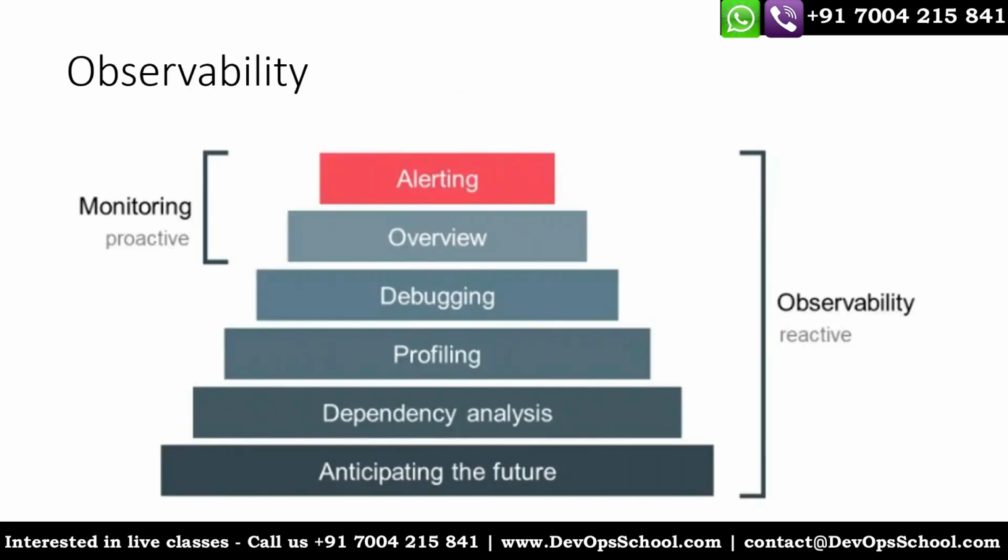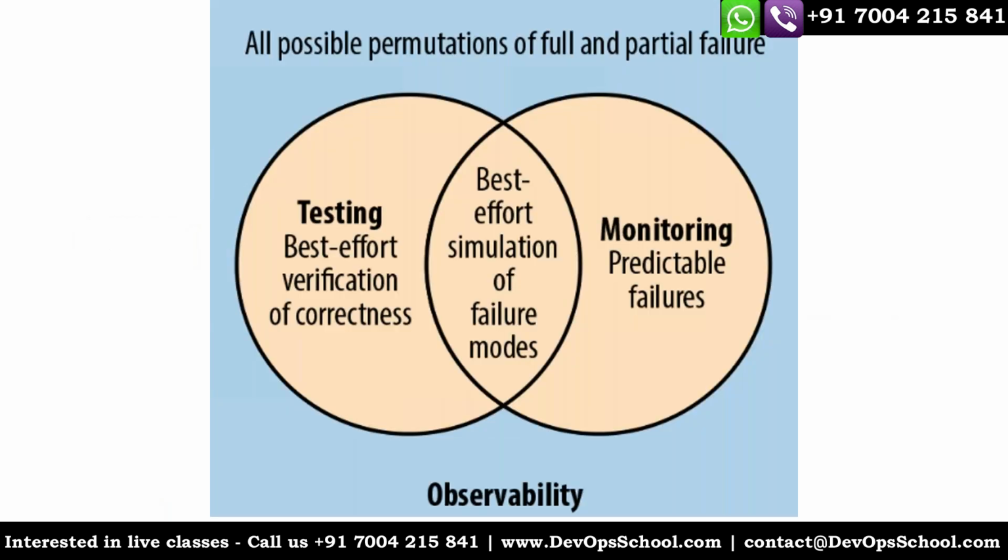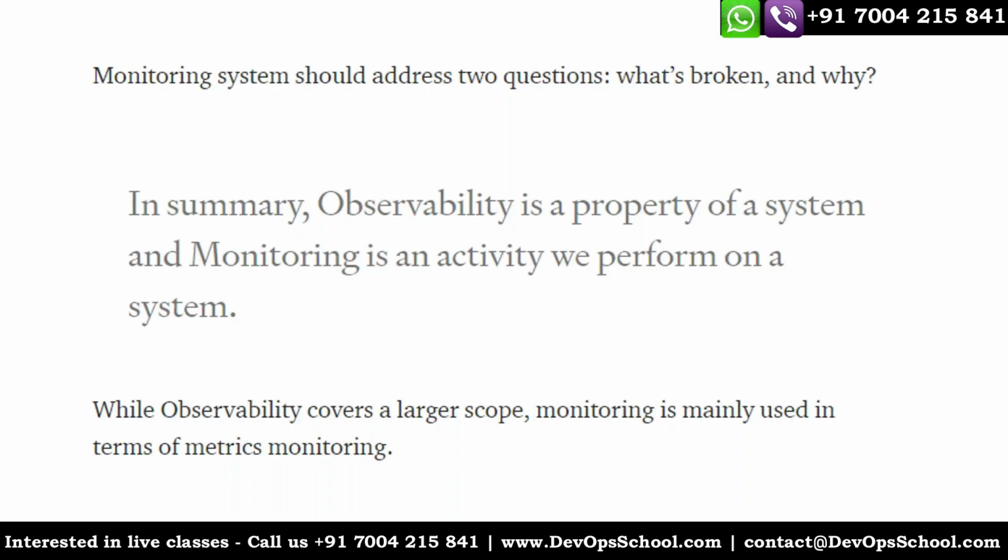If you look at this pyramid here, you have alerting and overview, which is called monitoring, and debugging, profiling, dependency analysis, and anticipating the future, which is called observability. So if you want to set up observability, you have to not only set up the monitoring, but also all the testing best practices which you follow to check and verify the software correctness, and best-effort simulations of the failure modes. That's what we can call observability.